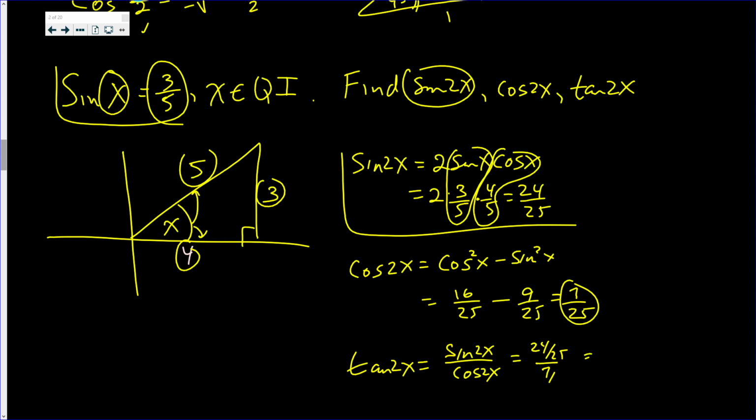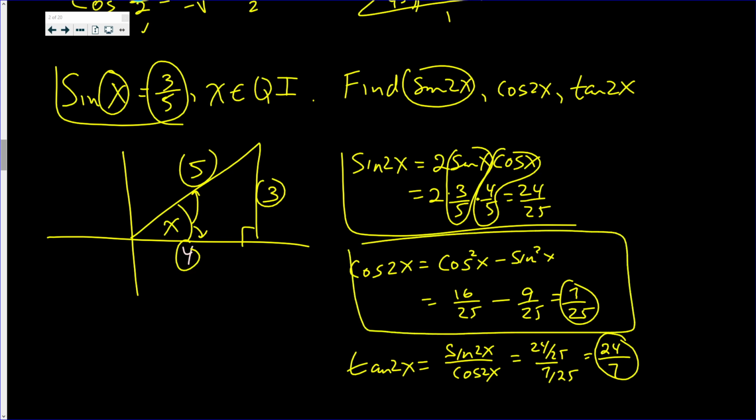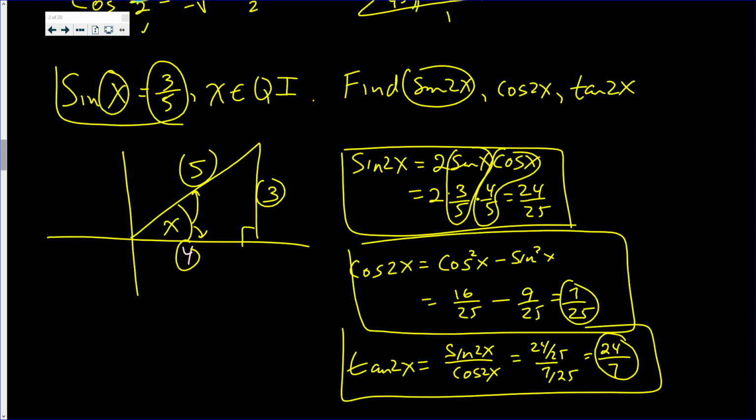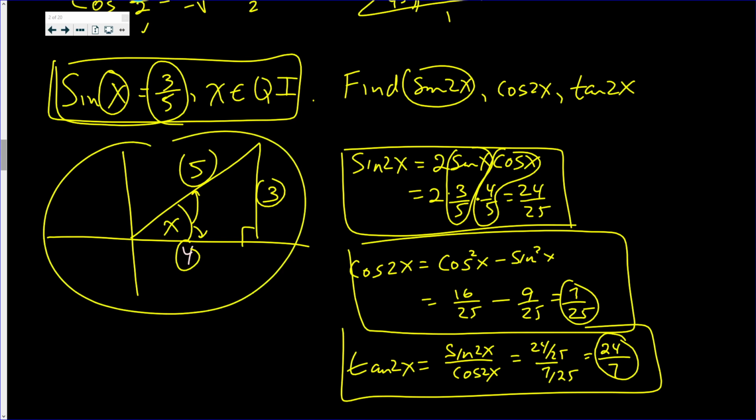If you multiply the top and the bottom by 25, you would get 24 on top and 7 on the bottom. That is the tangent of 2x. Found the cosine of 2x, the sine of 2x, and the tangent of 2x, just given this information and drawing this triangle, which helped me figure out the 4.